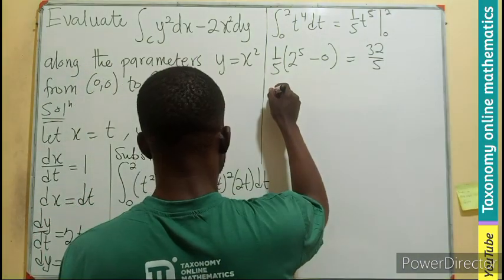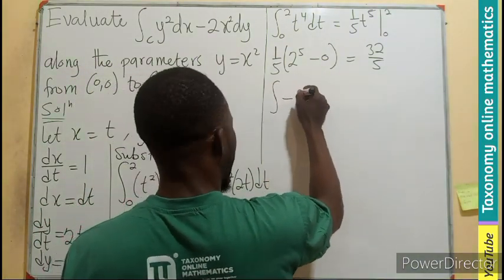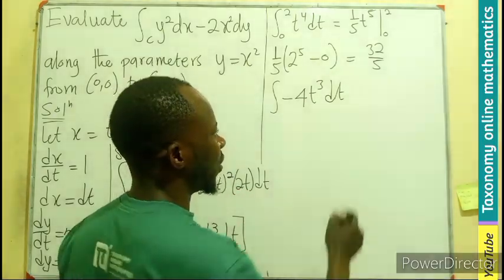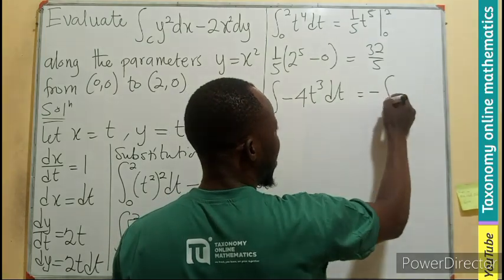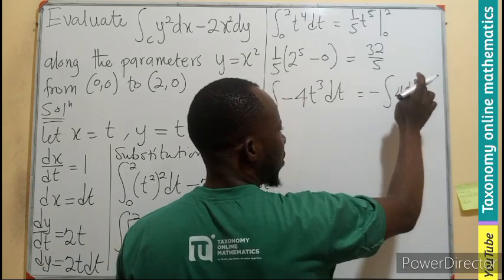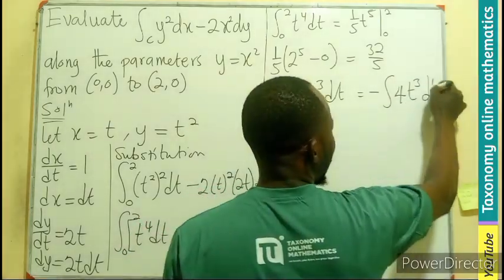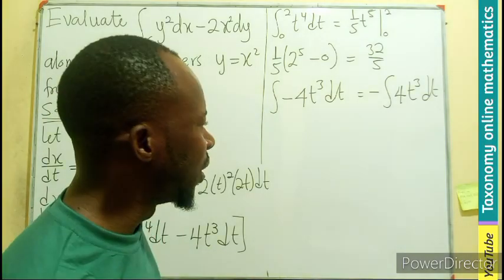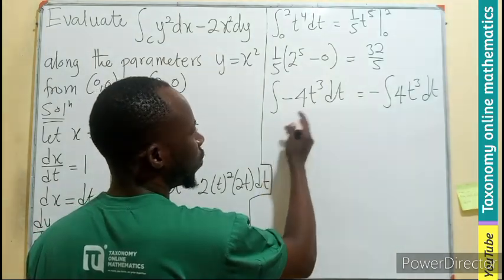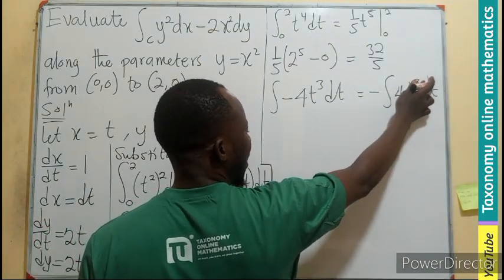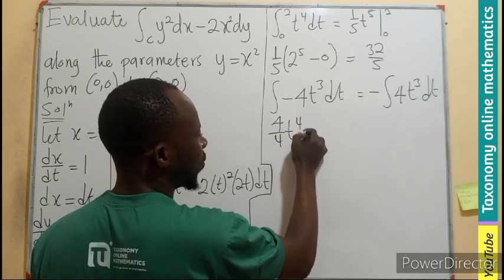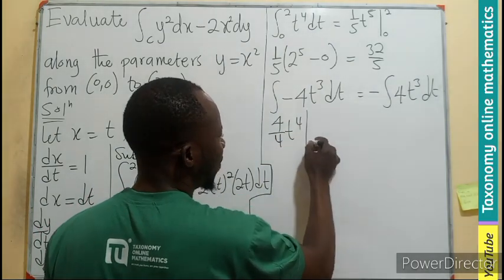Then the second part is going to be the integral of minus 4t exponent 3 dt, which is more or less minus the integral of 4t exponent 3 dt. The minus is just multiplying. First thing first, increase the power and divide by the result, meaning 4 divided by 4 t exponent 4, then we have 0 and 2.